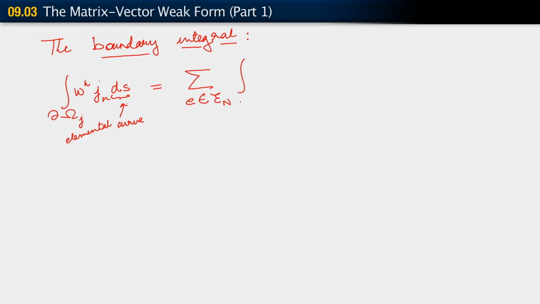Integral now over partial omega e sub j, and then the integral over that part of the element boundary that coincides with the Neumann boundary, w^h j_n d little s.